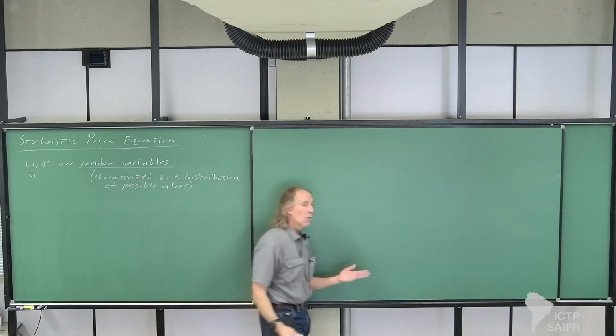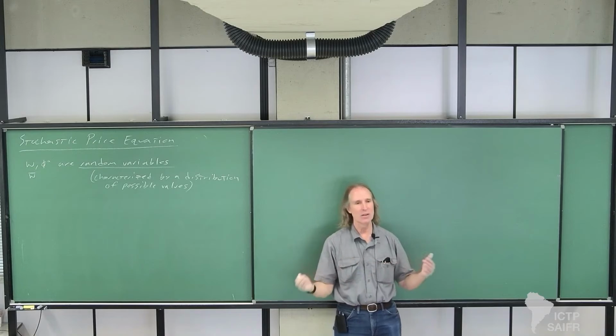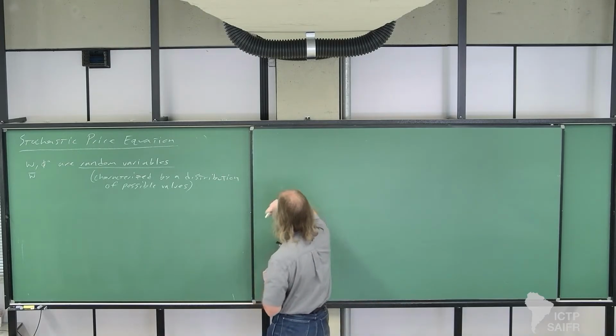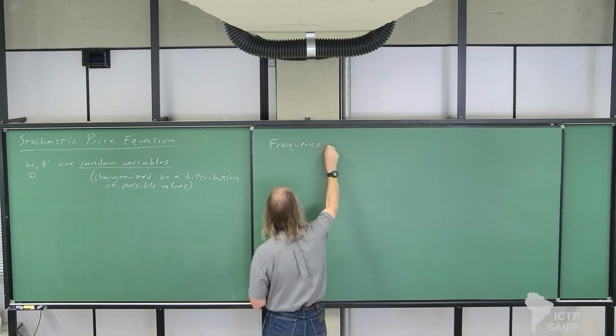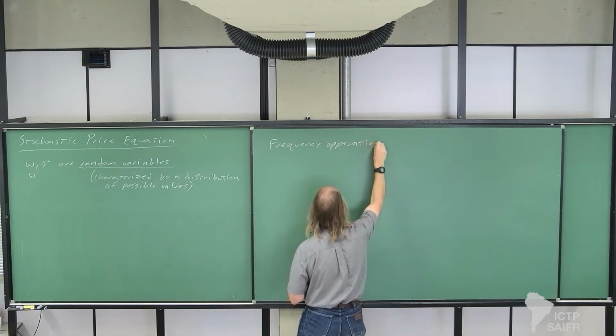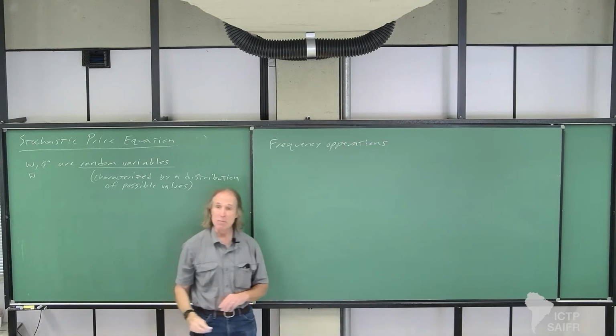But we're already talking about means and variances and covariances within a population. Okay? This is why I used that notation that I did. So I'm going to distinguish frequency operations are the kinds of operations that we've been doing.